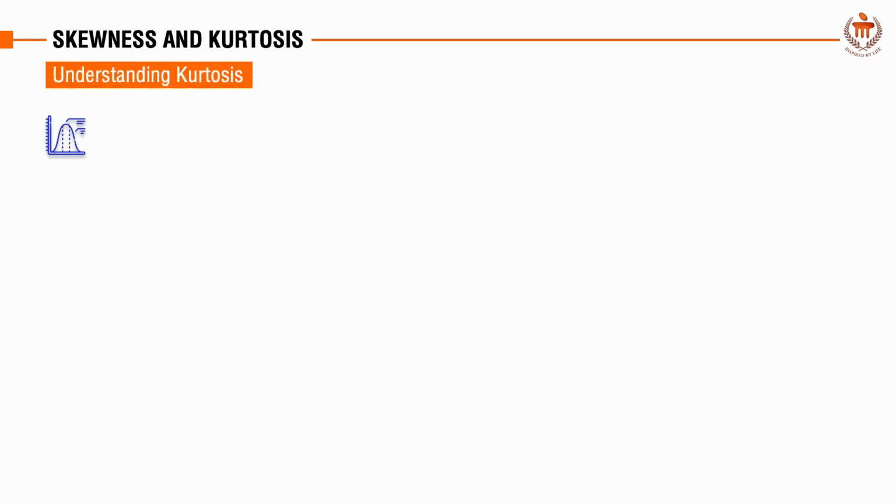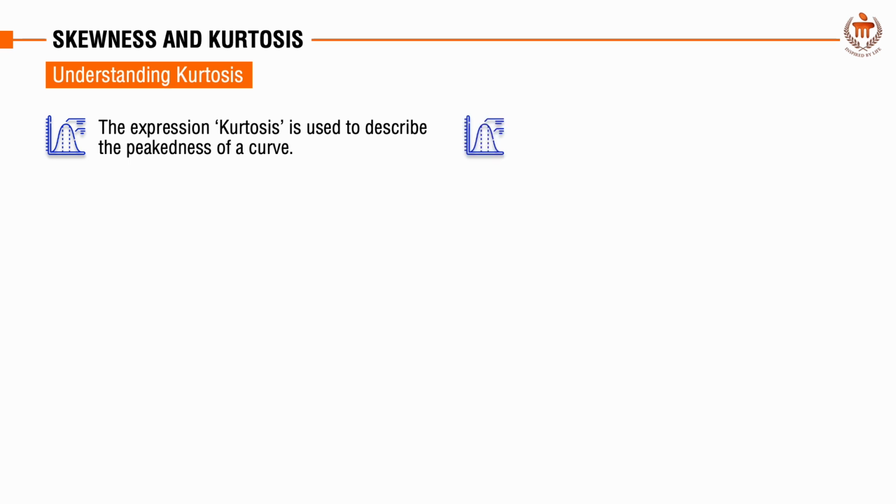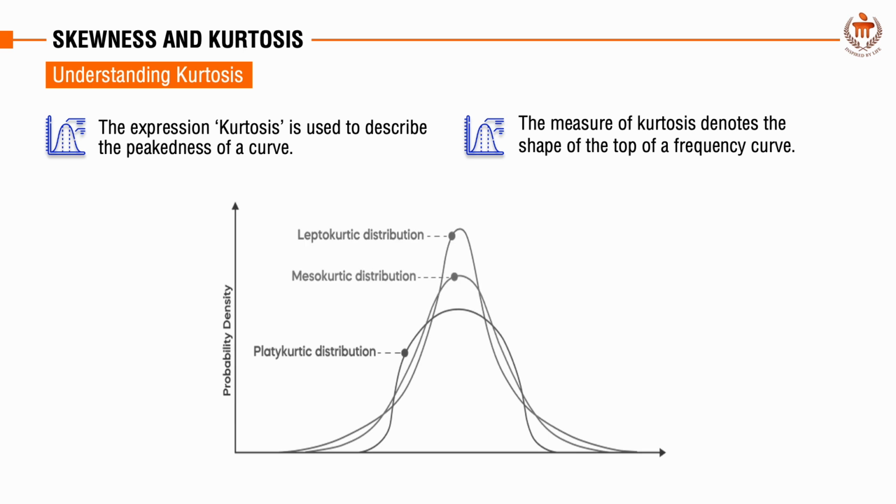Now talking about kurtosis, kurtosis as an expression is used to describe the peakedness of the curve. The measure of kurtosis denotes the shape of the top of the frequency curve. If it is very narrow and peaked, it is called leptokurtic, while in a symmetrical normal distribution, it is called mesokurtic, while if it is very much flat, then it is called platykurtic.